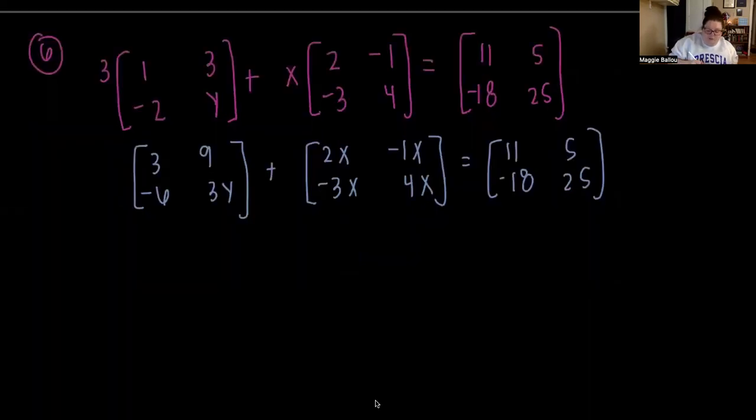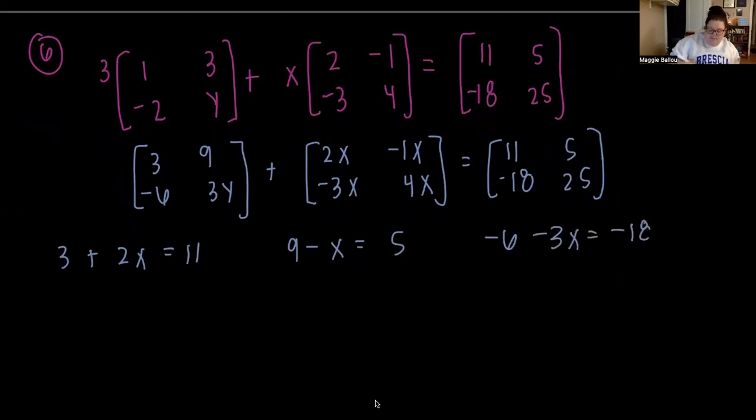And I can even show you, it doesn't matter. 3 plus 2x is equal to 11. 9 minus x is equal to 5. And negative 6 minus 3x is equal to negative 18. No matter which one you chose, you do not have to do all 3, you should get the same answer. So 2x is equal to 8.